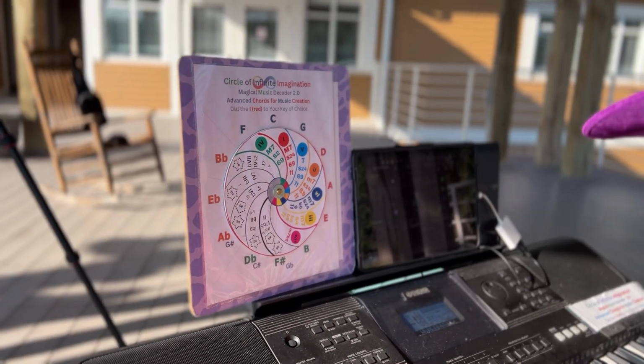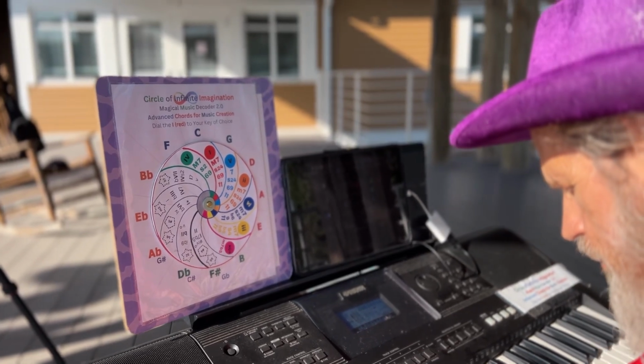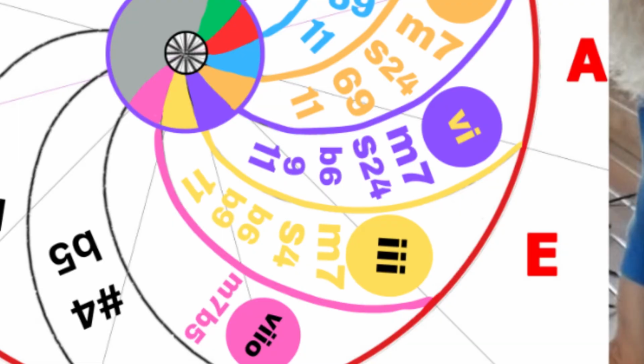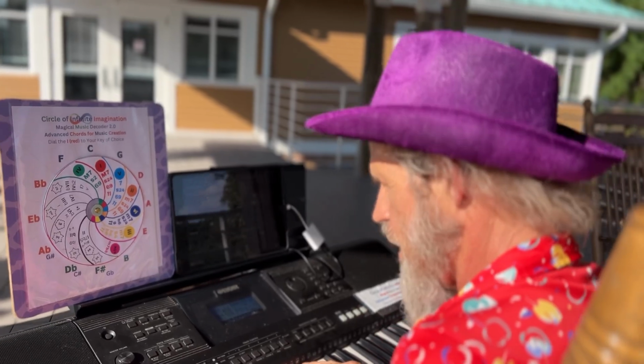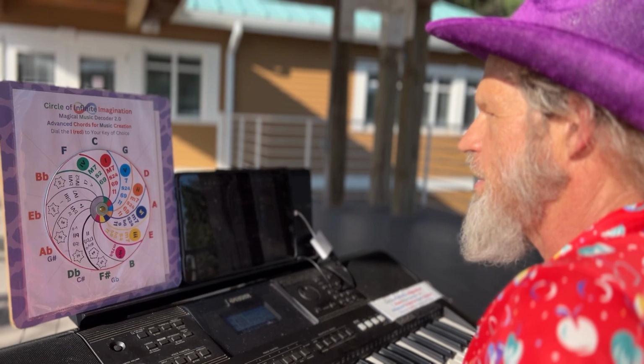So here's A minor 7. We're gonna go to E, and we're gonna make that a 7th chord. We're going to go out of key a little bit, but we're going to have a 7th chord, and then we go beautifully back to A minor 7.